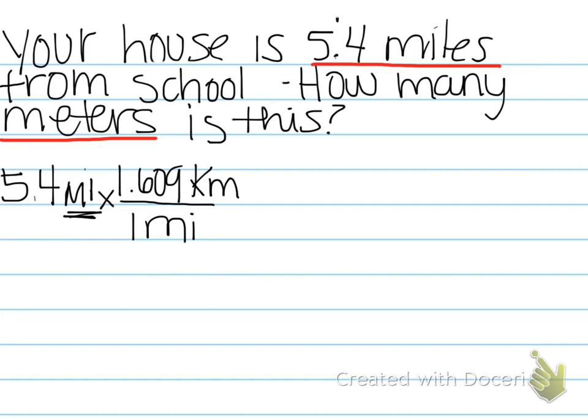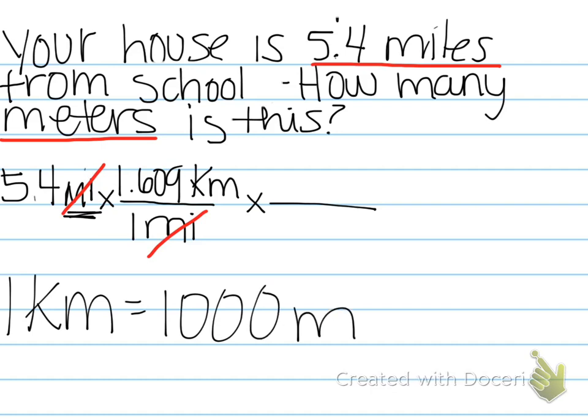Now, my suggestion on this is set up your entire problem before you start doing any math. Okay? So now we see that we canceled miles, so now we're in kilometers. So now we have to convert kilometers to meters. Once you start getting the use of metrics, you're going to realize I don't always have to just count my decimals, because you're going to know that 1 kilometer is equal to 1,000 meters.